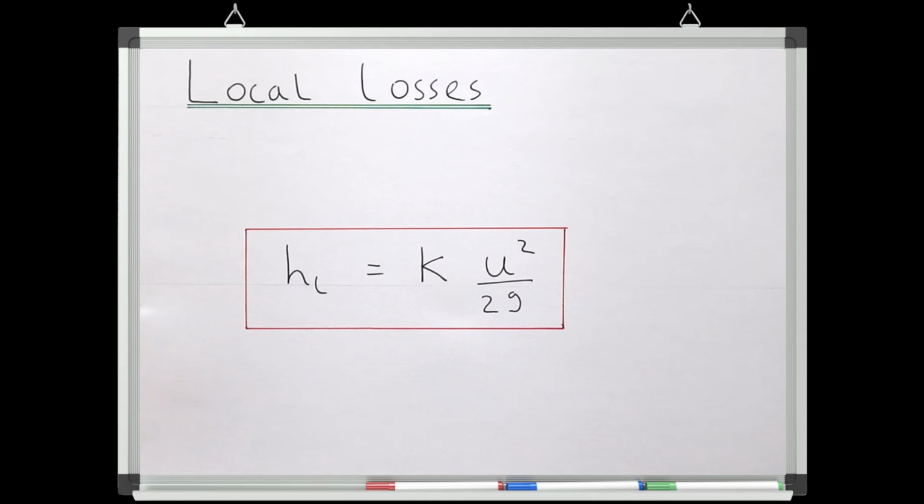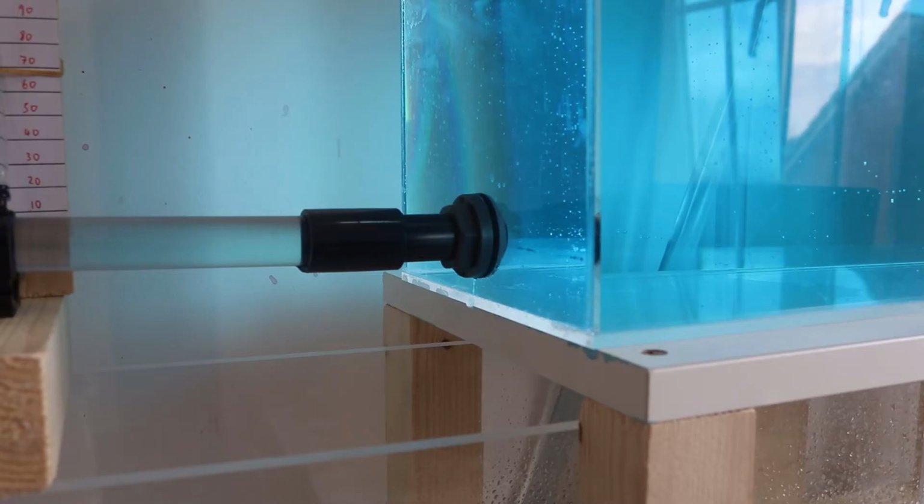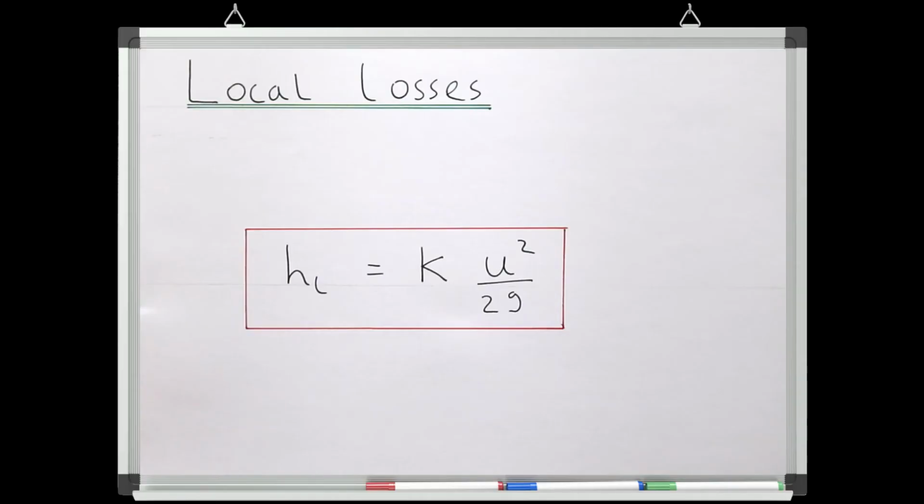Each fixture in a system will have its own local loss coefficient K, and these can normally be looked up in a textbook. For my system, the tank connector that links the pipe to the tank has a local loss coefficient of 2. So if we wanted to predict how much energy we're going to lose between the tank and the pipe, we could use this equation with K equals 2 and the velocity that we've got in our system.